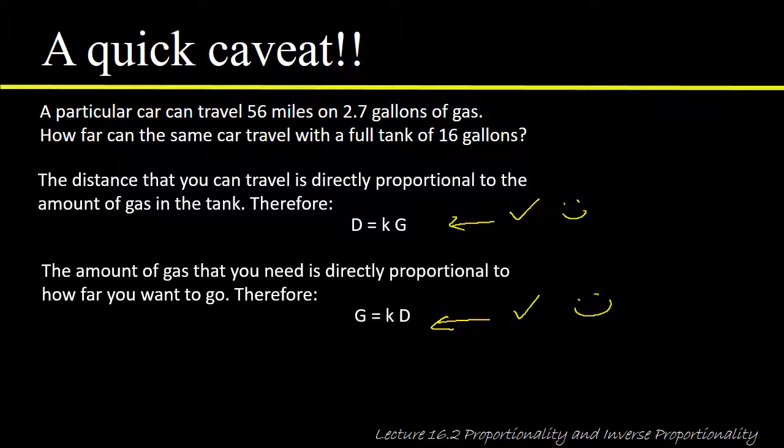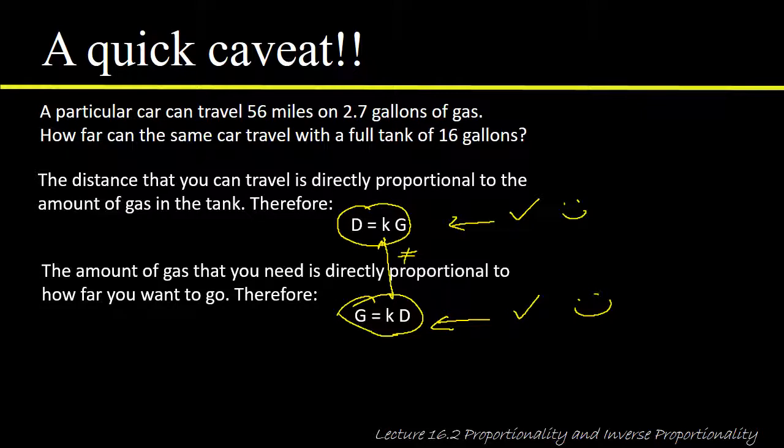The caveat is, the warning is, if you use this equation for state 1, you also have to make sure you use that equation for state 2. Okay? And the reason is that even though both of these equations are true, these two k's are not necessarily the same.